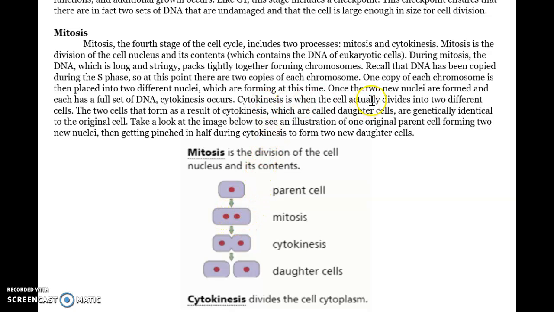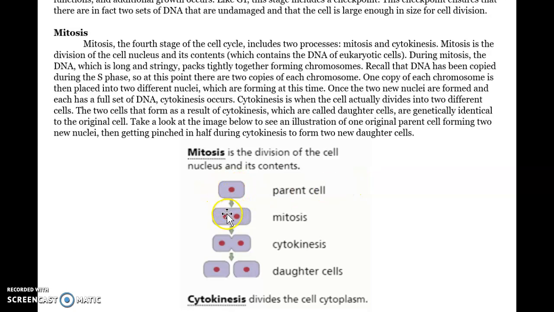Cytokinesis is when the cell actually divides into 2 different cells. The 2 cells that form as a result of cytokinesis are called daughter cells. They are genetically identical to the original cell. So if we take a look at the image below, we'll see an image of 1 original parent cell forming 2 new nuclei, then getting pinched in half during cytokinesis to form 2 daughter cells. So we see a parent cell.